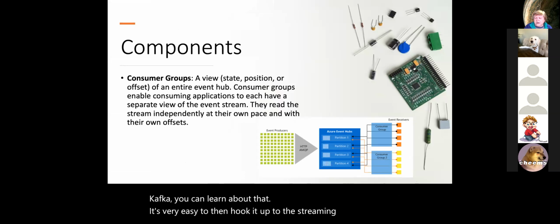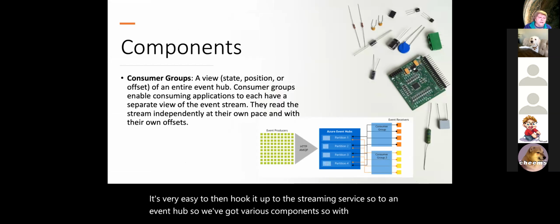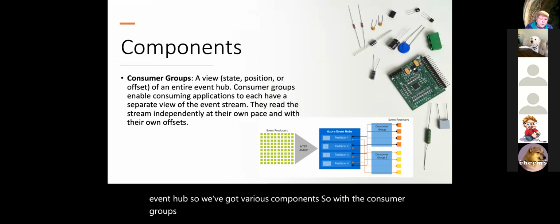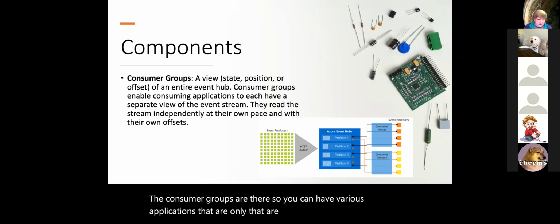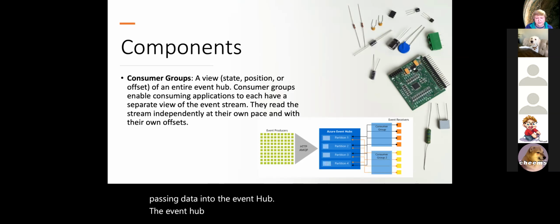With the consumer groups, this is a view of the entire event hub. The consumer groups are there so you can have various applications looking at some part of the event stream. You can set up a system really simply where you're just passing data into the event hub and it is read by a single application, which reads all of the stream.